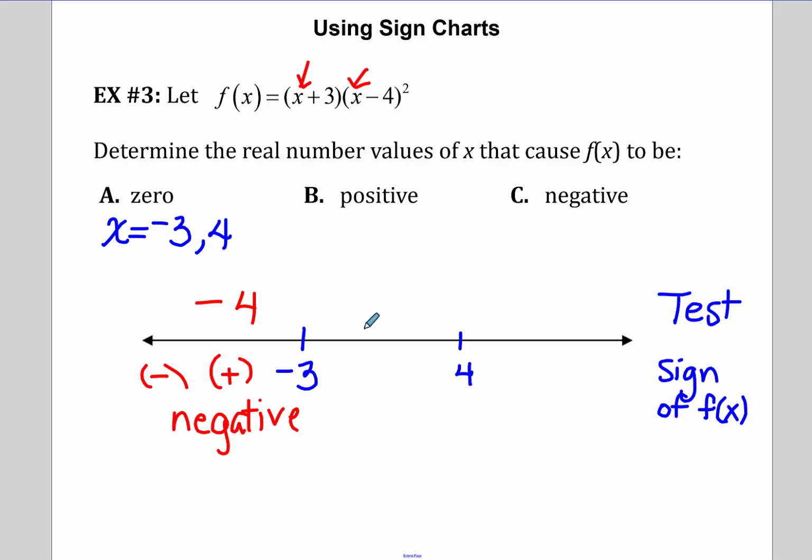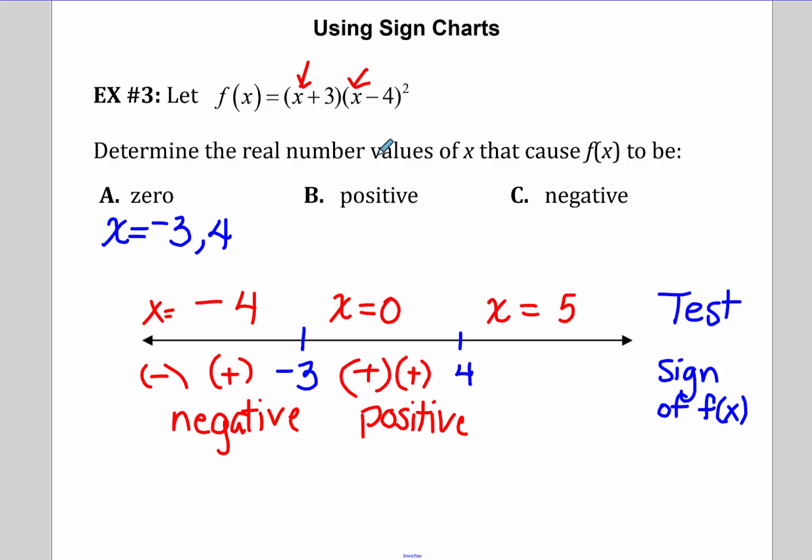In this section on the interval, let's say we tried x equals 0. If you substitute 0 here and 0 here, we've got a positive times a positive. So the graph is going to lie above the x-axis. And then in our last interval, being divided by the critical numbers, let's say we tried 5.